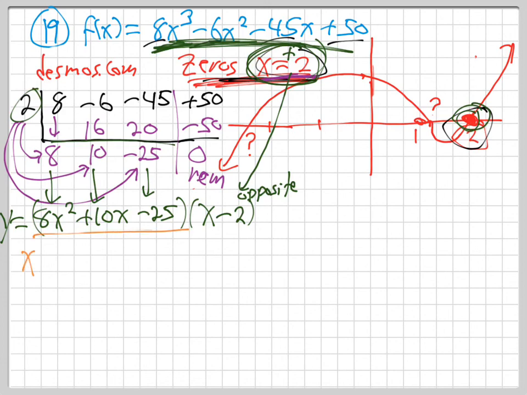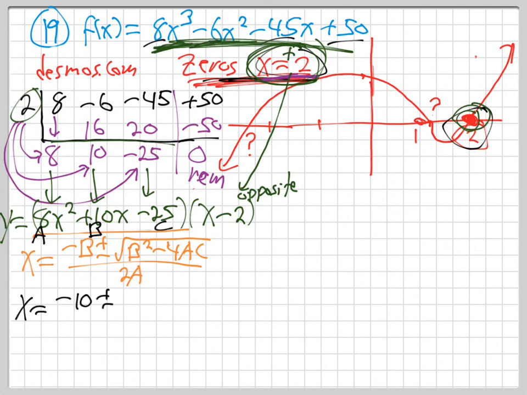So I'm going to do the quadratic formula to break it down further. Negative b plus or minus the square root of b squared minus 4ac all over 2a. So plug in, this is a, b, c.